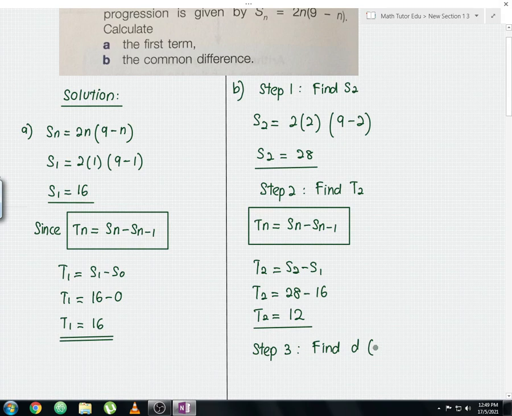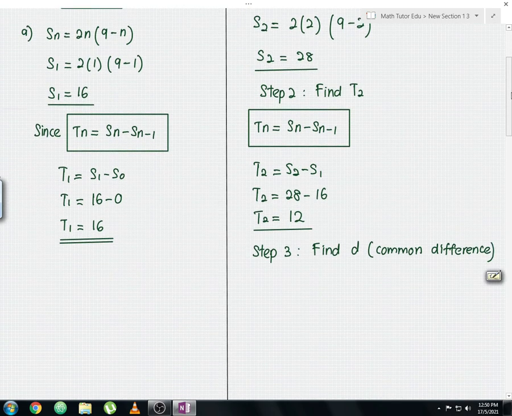Let me put in the bracket, common difference. Let me scroll this down. The formula to find the common difference d equals Tn minus Tn minus 1. Let me box this formula.